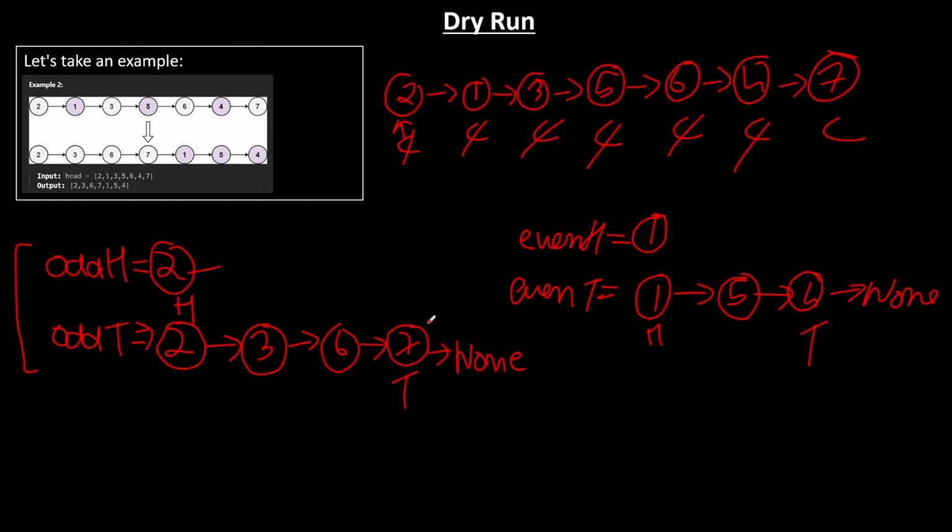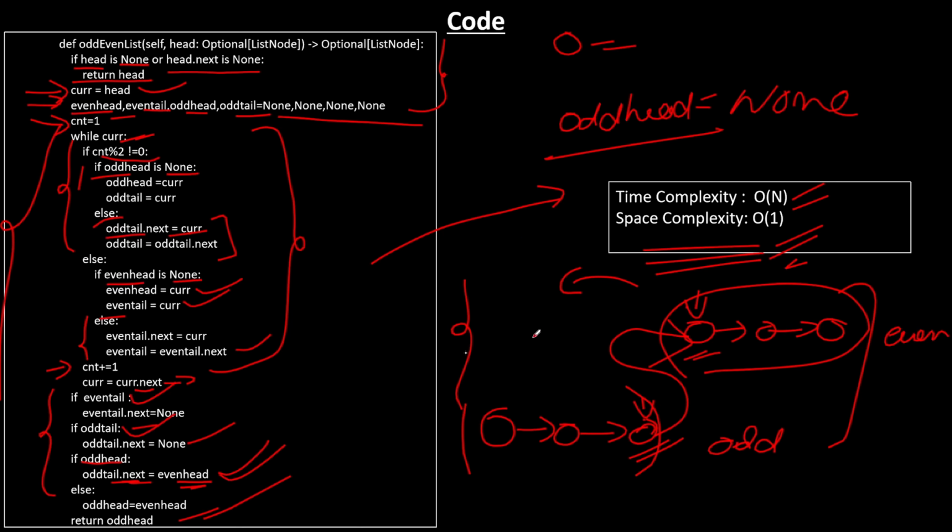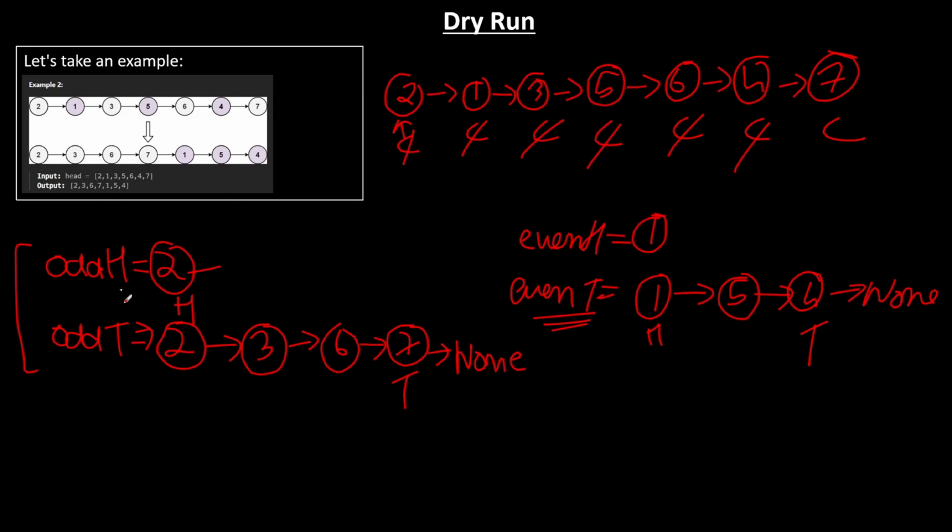Great. Now after that, we check whether the even tail exists or not here. If odd head exists, which means that even head obviously exists, right? So what we used to do, the tail is standing here. Now tail's next, we remove this.